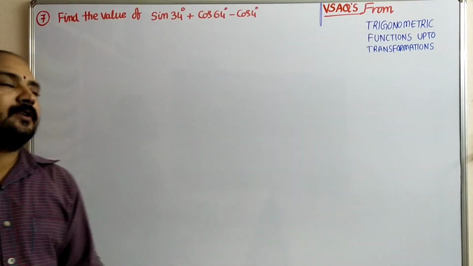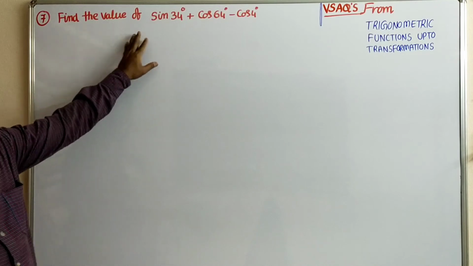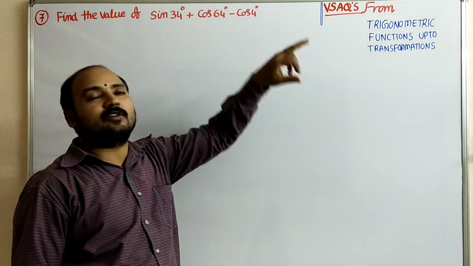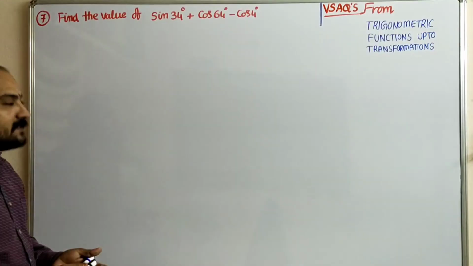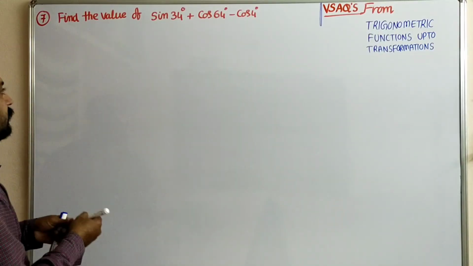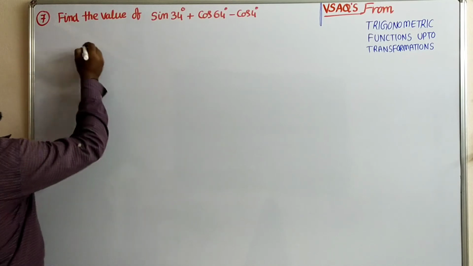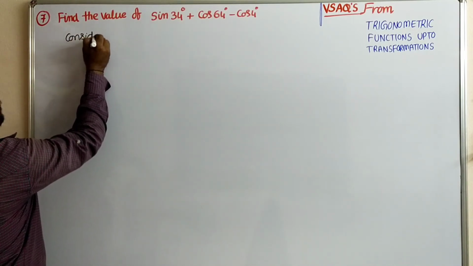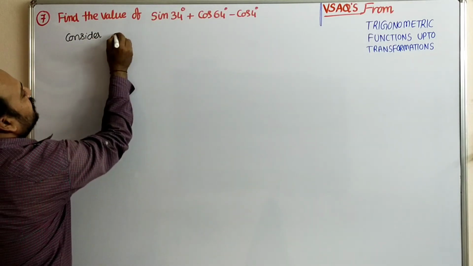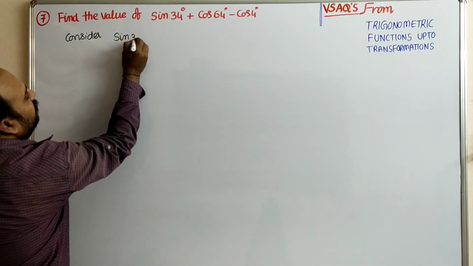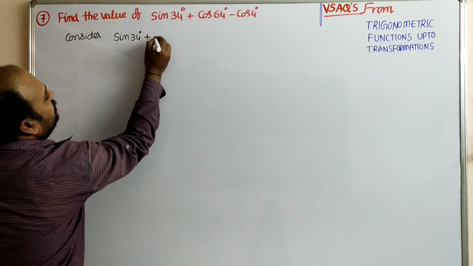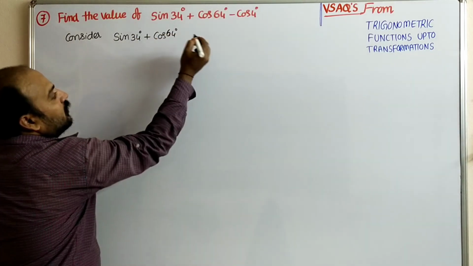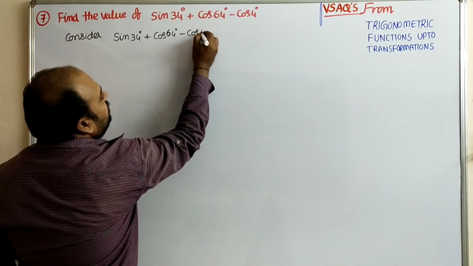The next question. Find the value of sin 34 degrees plus cos 64 degrees minus cos 4 degrees. Now consider the value: sin 34 plus cos 64 minus cos 4 degrees.